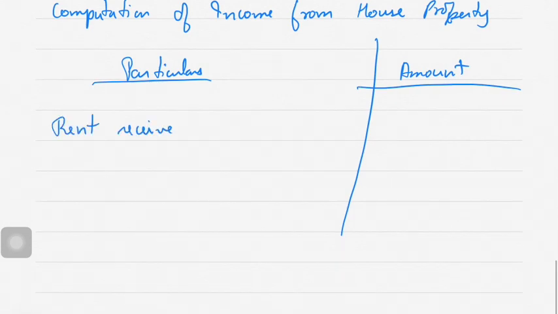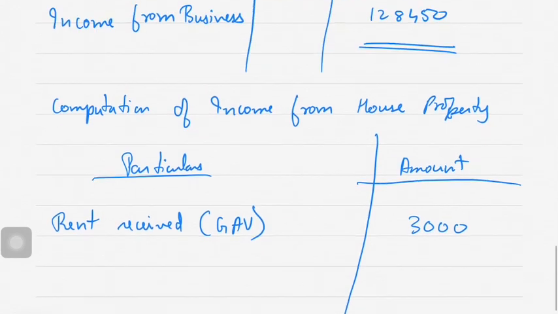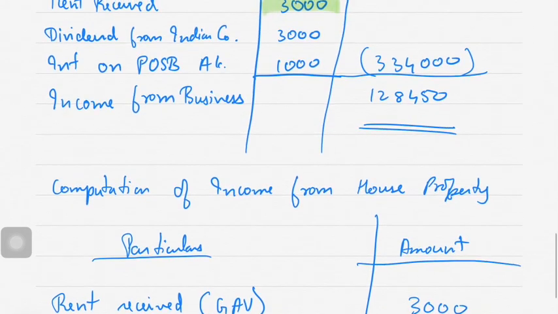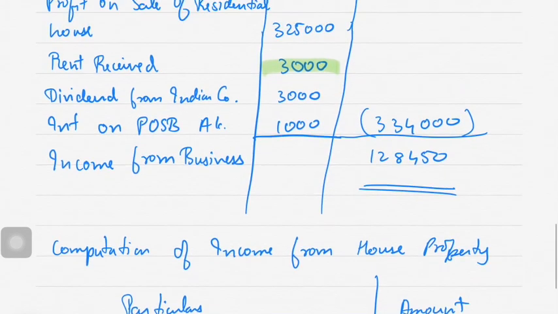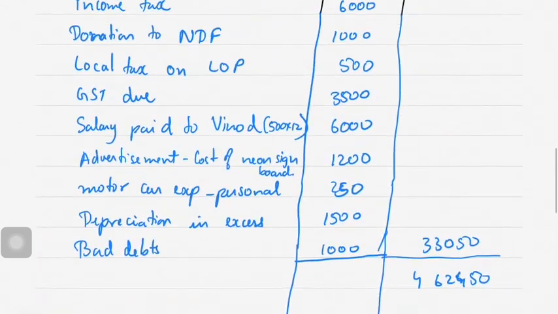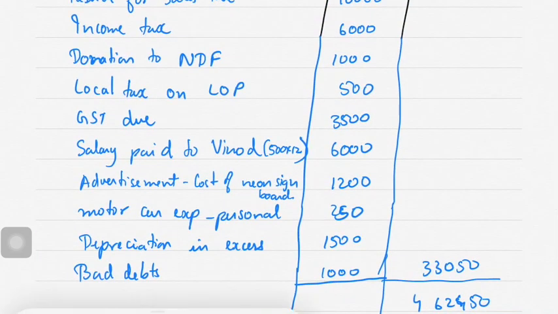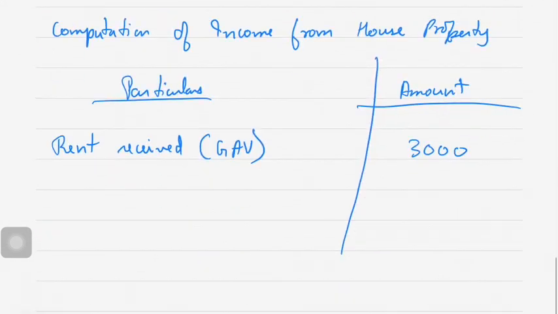So rent received, which is GAV, 3,000, and local tax was also paid, 500 rupees. See, local tax on let out property, right?